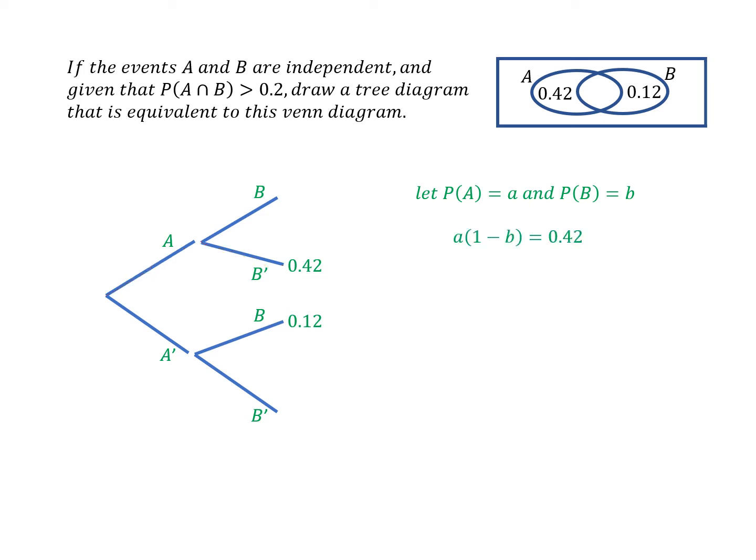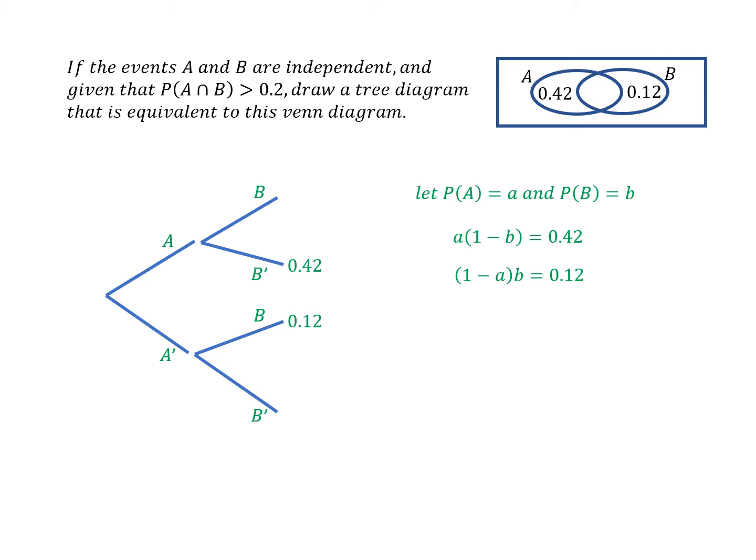Doing something similar with the other number, the 0.12, we're saying (1 − a) times b is 0.12. So there's that equation. So what have we got? We've got simultaneous equations. Hang on, this is a probability question. Simultaneous equations. But there we are.